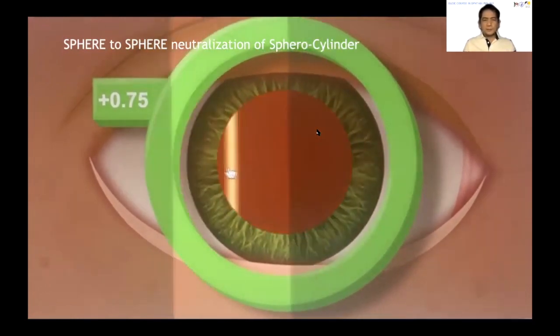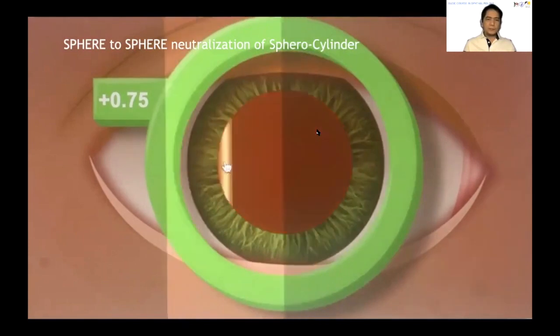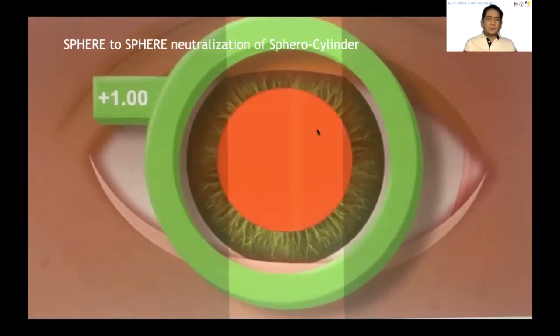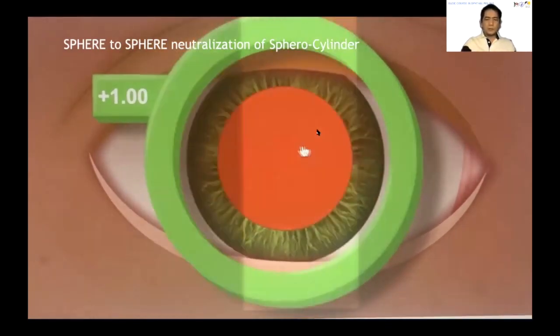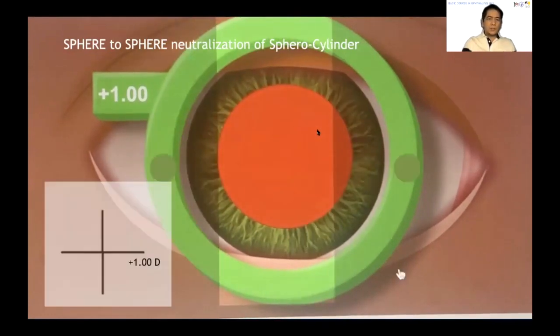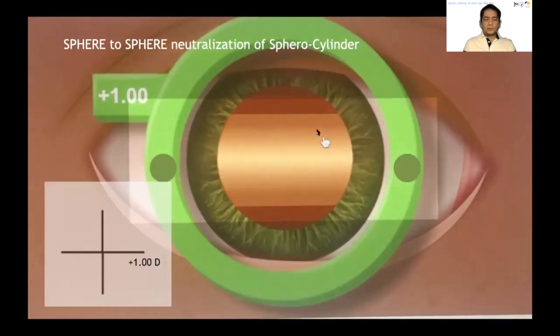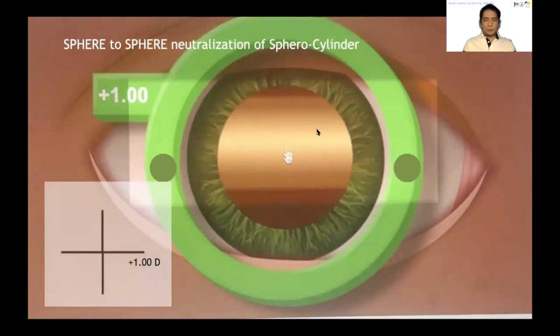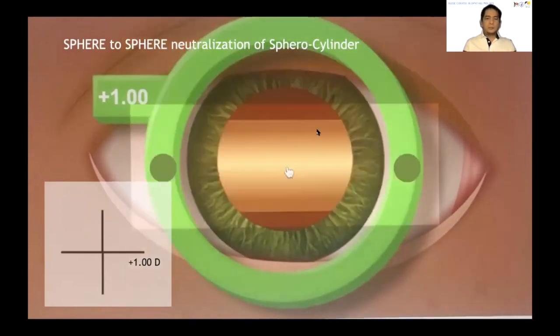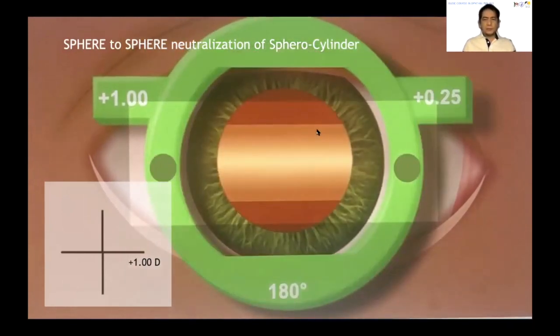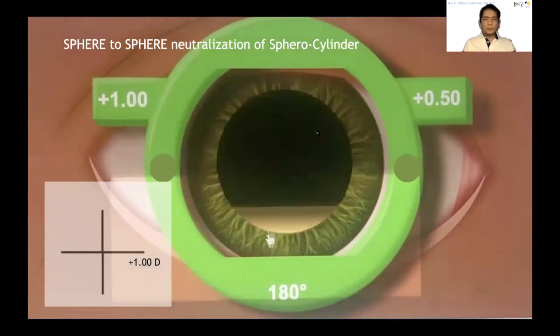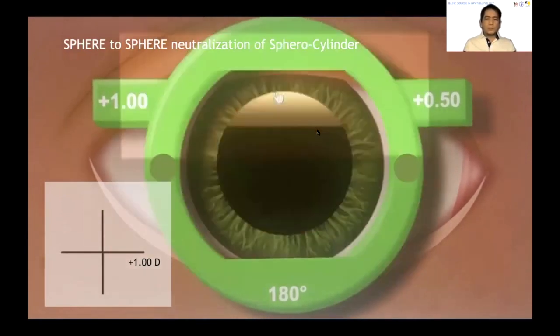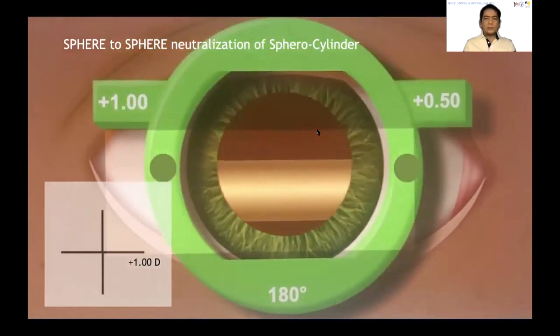Plus 0.75, you increase to plus 1, it's already neutral. So you write the plus 1 at the horizontal line of the power cross, and then proceed with your secondary meridian. It's also a with motion, so we will be using another spherical lens here.